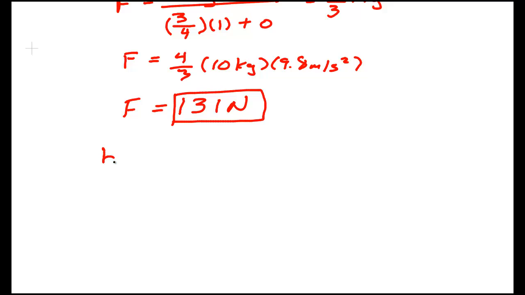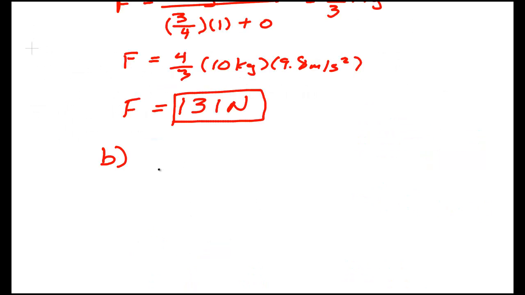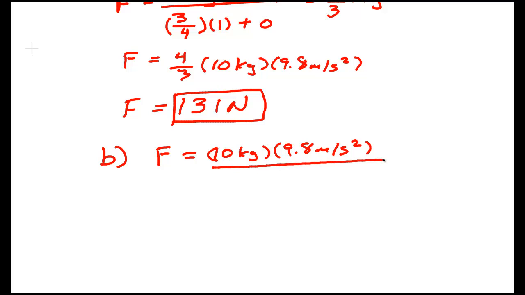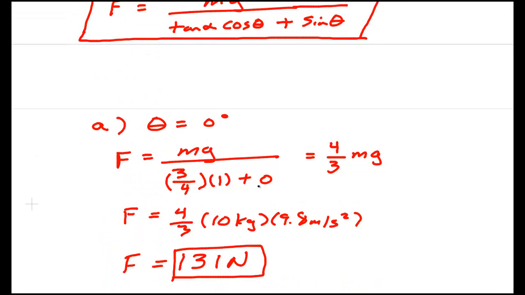Let's look at B. At B, we were asked to do it for a different angle. It says 25 degrees. So F will be equal to, we have 10 kilograms, 9.8 meters per second squared. And then on the bottom we have 3/4 times the cosine, going back up here, times the cosine of my angle.